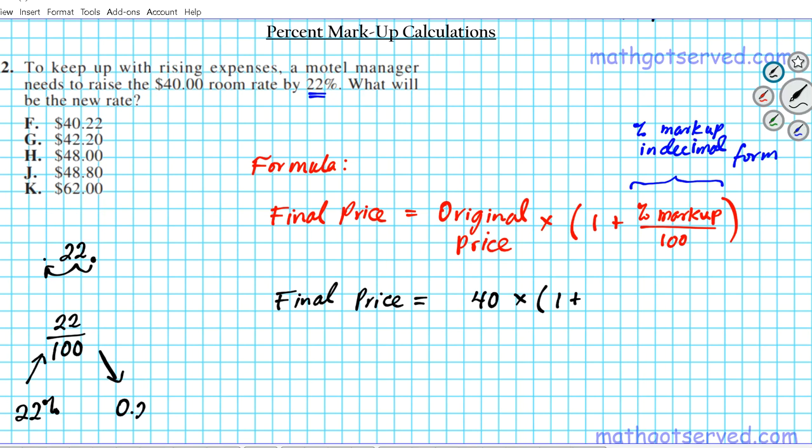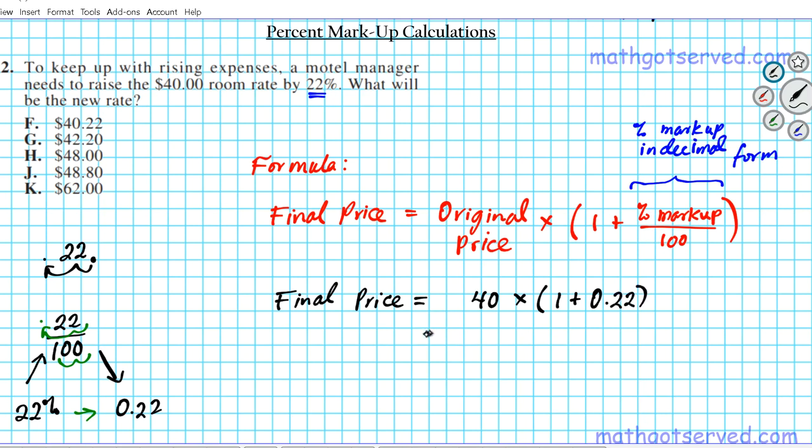It's 0.22 because you just move the decimal point on the top and bottom equivalent number of times until you have 1 in the denominator, right? So you go 1, 2. Because you have 2 zeros in the denominator, you have 0.22 over 1, which is 0.22. So all these three numbers are exactly the same thing. Okay, all right, so percent markup over 100 or the percent markup in decimal form, whichever way you want to look at it, is 0.22.